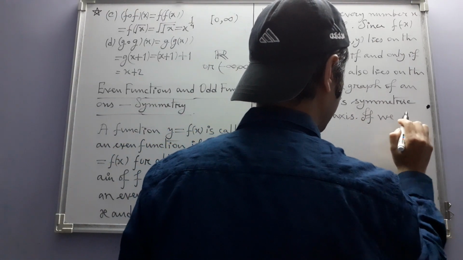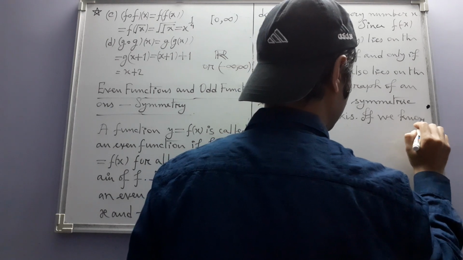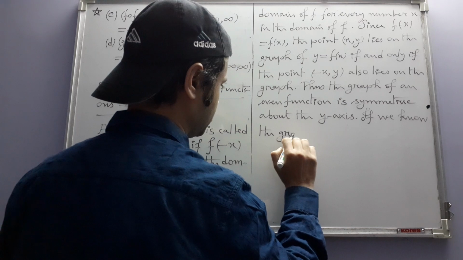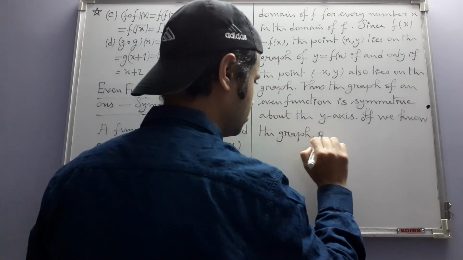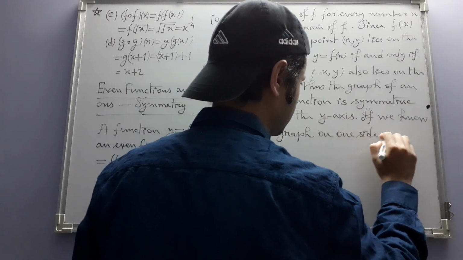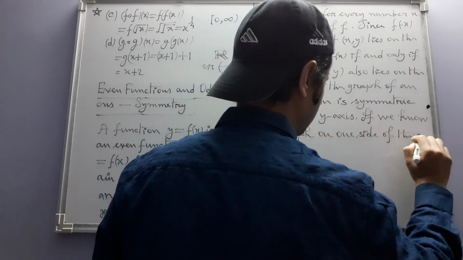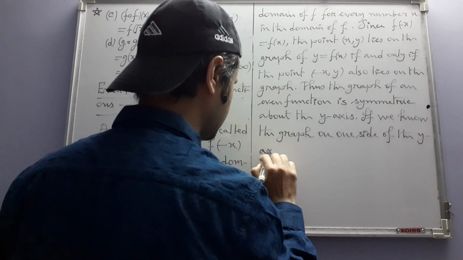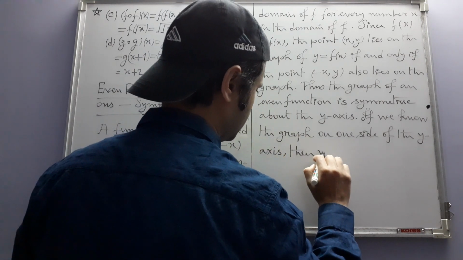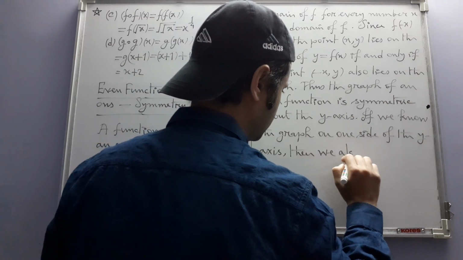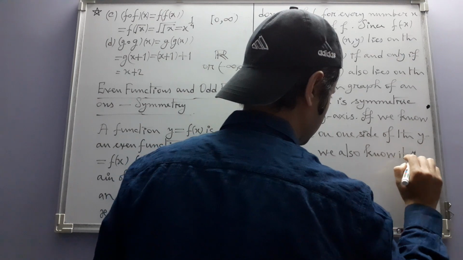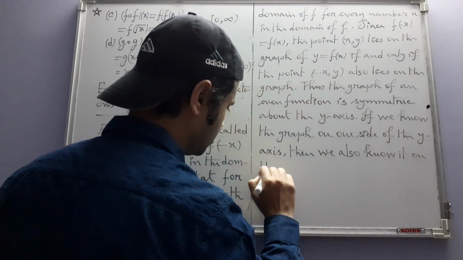If we know the graph on one side of the y-axis, then we also know it on the other side.